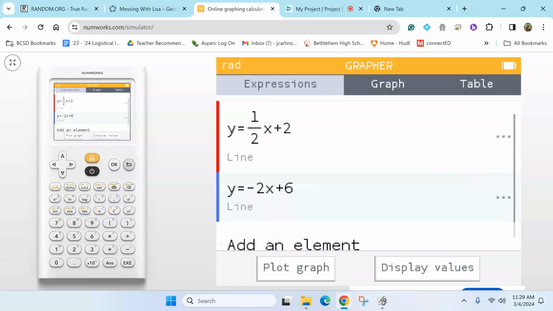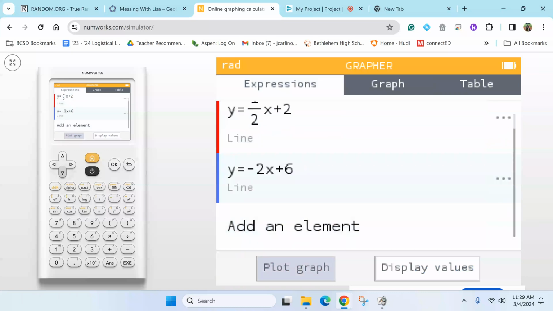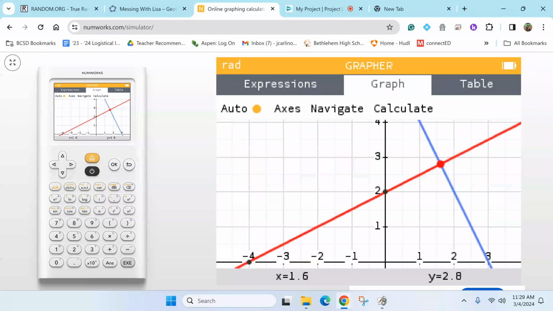You do. And then when you hit graph, make sure you go over the point of intersection. You just can't leave it hanging out here. Make sure it's right on the point of intersection. Oh, it was slightly off. Okay. You good now?